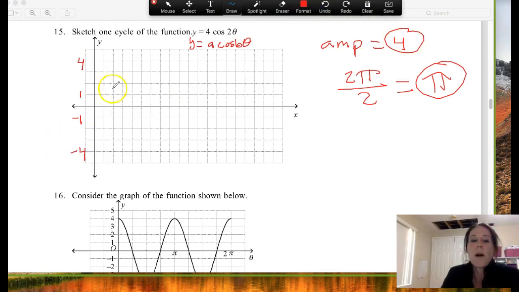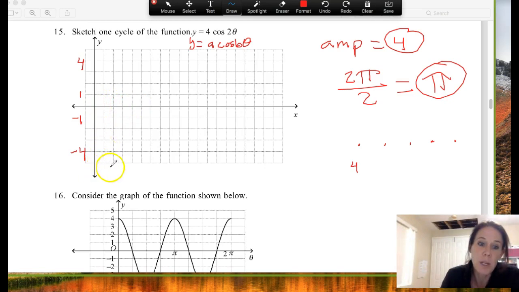So instead of starting at 1, I'm going to do my 5 points. My first point's going to start at 4. And since I'm going to go within pi, instead of going pi over 2, pi, 3 pi over 2, 2 pi, I'm going to go pi over 4, then pi over 2, then 3 pi over 4, and then my last point will be pi, 4 pi over 4.